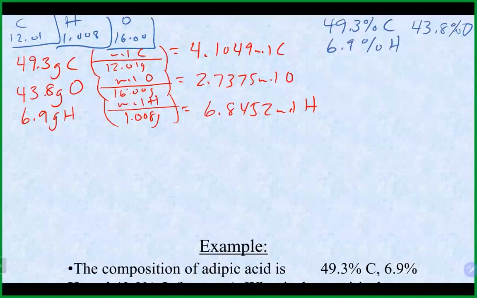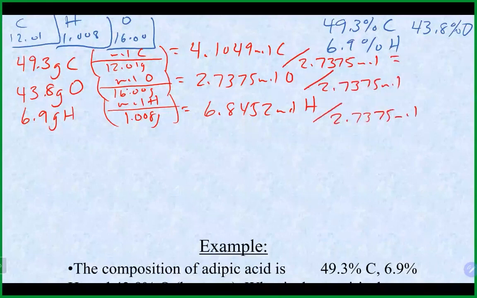All right. So we're going to divide by 2.7375, divide by 2.7375, and divide by 2.7375. The top one should give us 1.5.